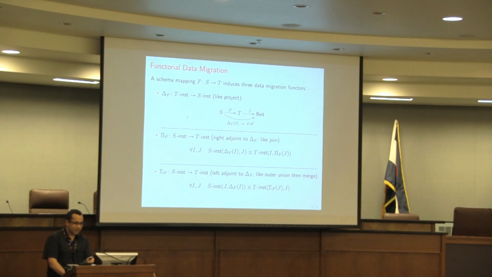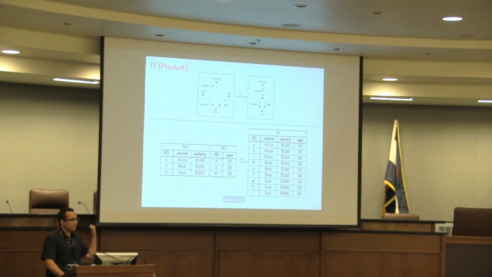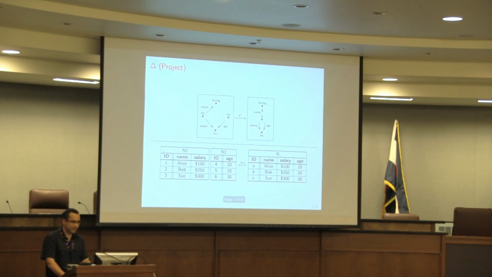So given this delta, the adjoints have to be these things here. No adjoints so far, right? It was just about the delta. That's true. The next slide is the pi, and then the next slide is the sigma. So these two guys here are the adjoints to this one here.